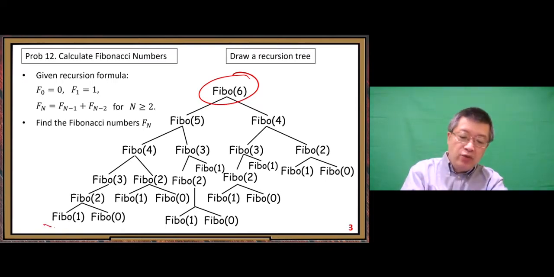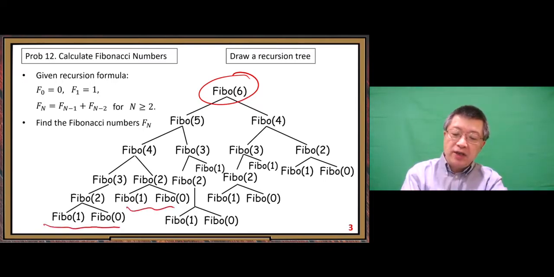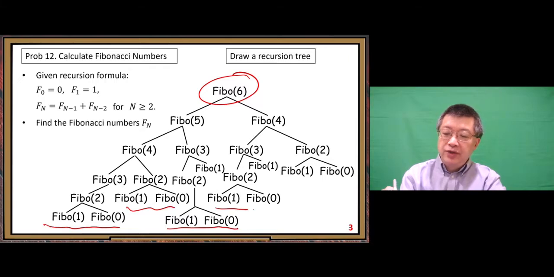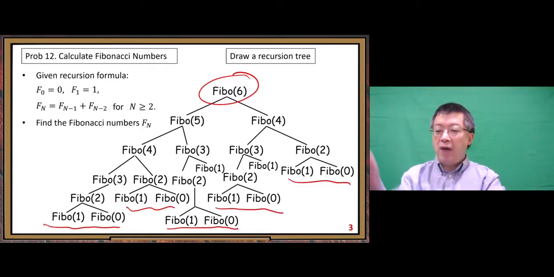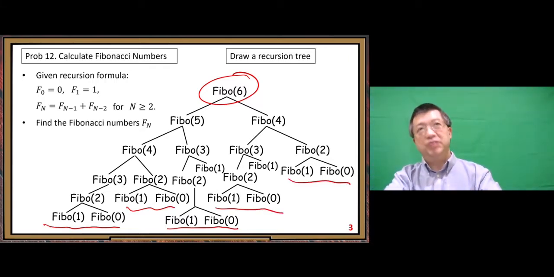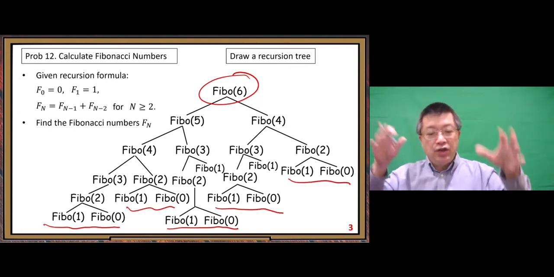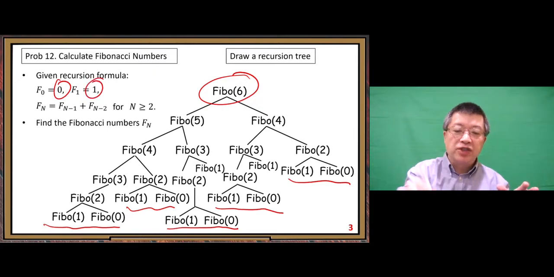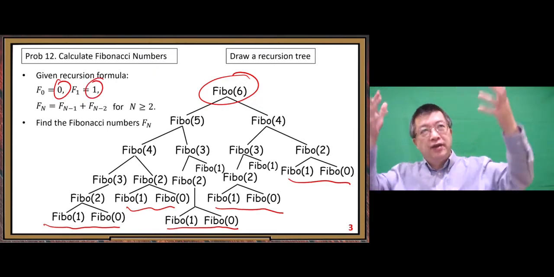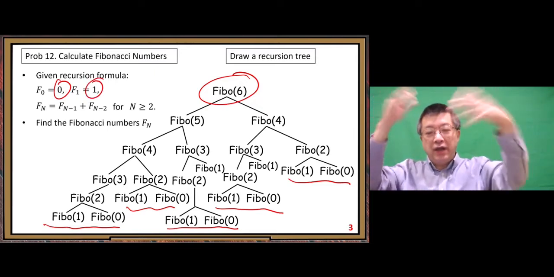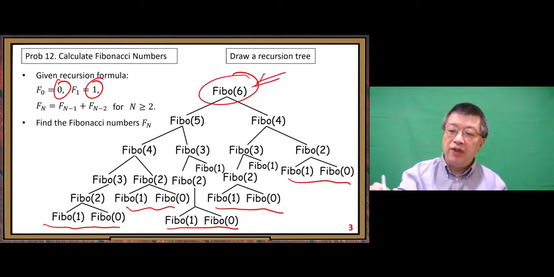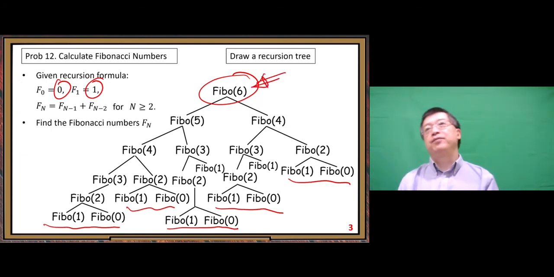At the bottom, you reach the base case. After you reach the base case, you stop, because you can plug in the initial values for your base cases, then you move up, then you get the value of the top one. That's the procedure.